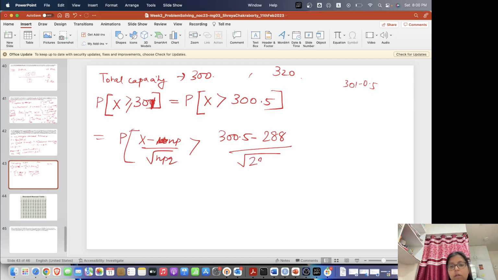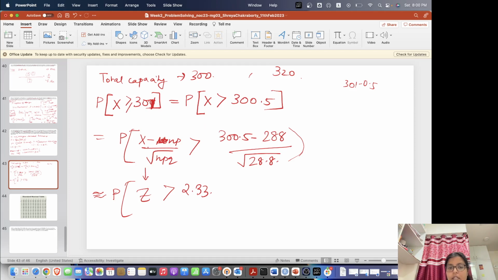So root 28.8. So this is approximately a standard normal variable greater than, this part will come out as 2.33.